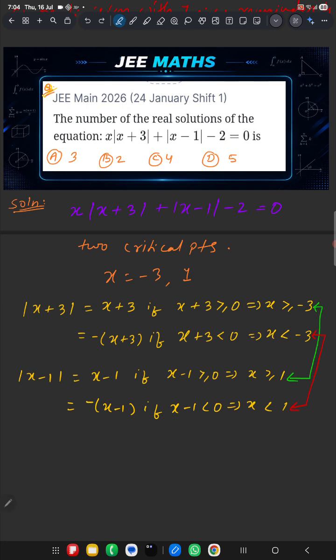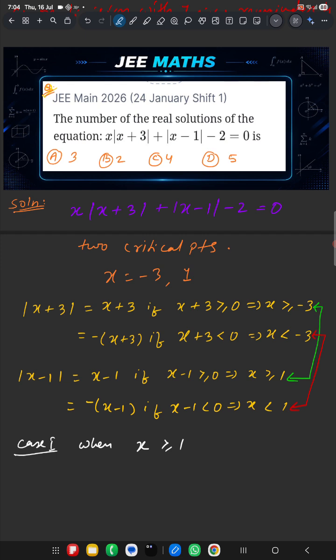So now case 1, when x is greater than or equal to 1, because the common condition is x ≥ 1.